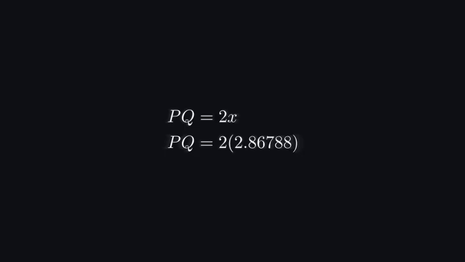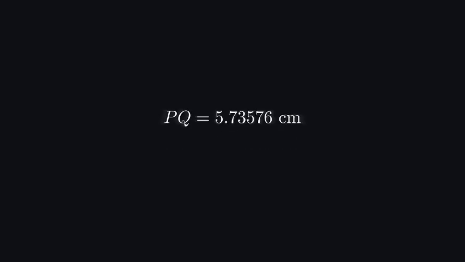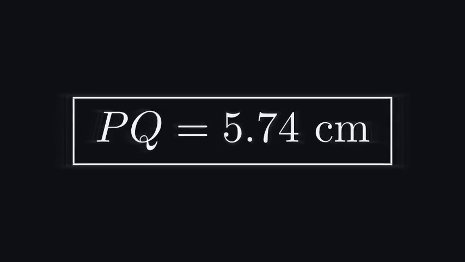PQ equals 2 times 2.86788, which gives PQ equals 5.73576 centimeters. PQ approximately equals 5.74 centimeters. So the length of the chord PQ is 5.74 centimeters.